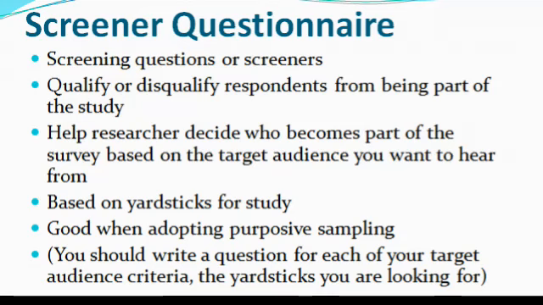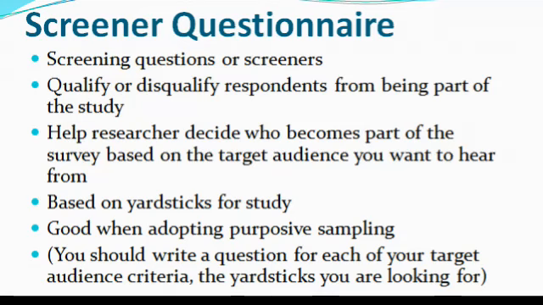You use the screener questionnaire to determine those who have actually been exposed to the issue you want to study, or those who make use of a particular gadget. It depends on what you want to study, but to use purposive sampling to select them based on the criteria of study, you will need a screener questionnaire.